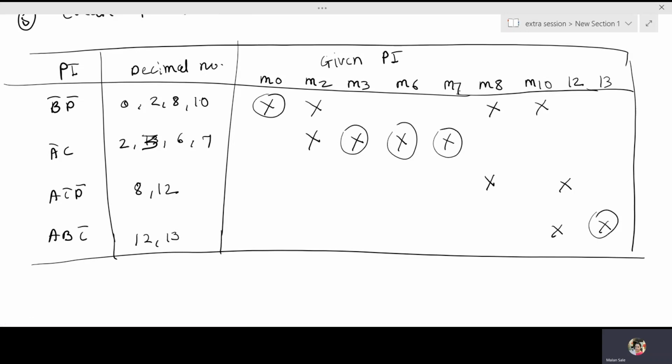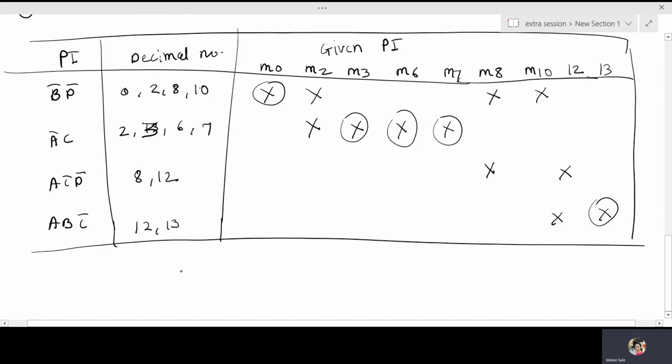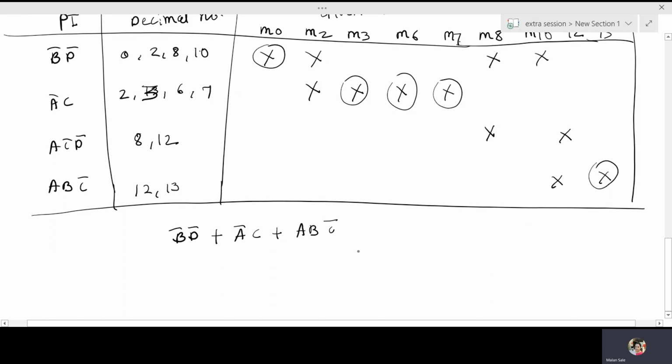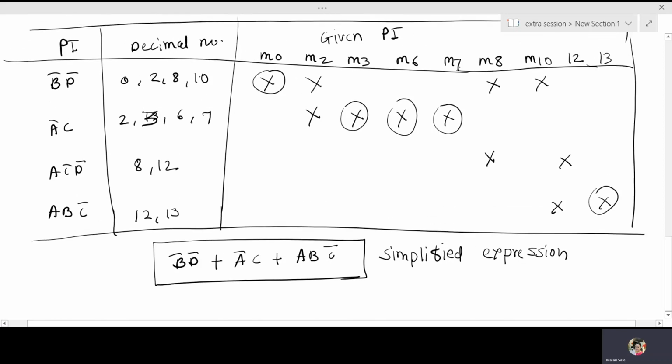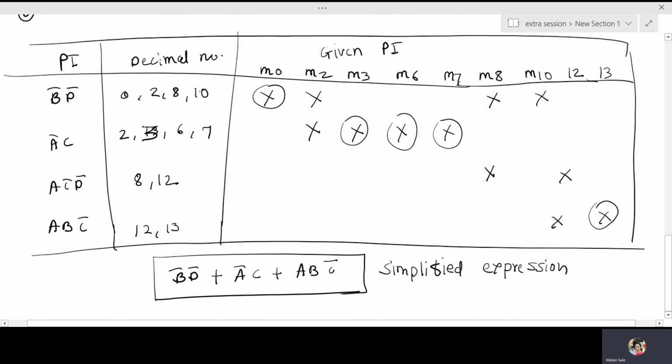Now the unique minterms are represented by B bar D bar plus A bar C plus A B C bar. This is the final simplified expression. Thank you all of you.